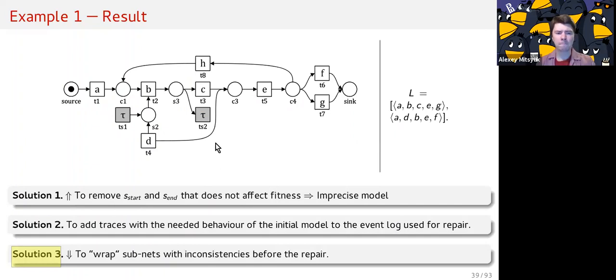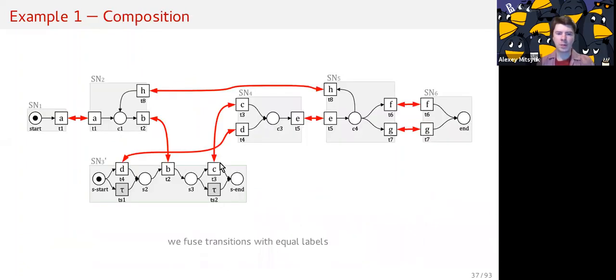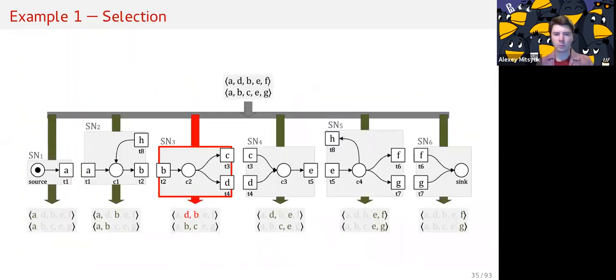And then we decided that the reason for this problem is that during the repair of this fragment, which we cut from the initial model, we actually changed the border transitions of it.